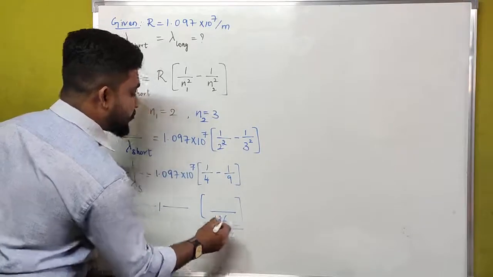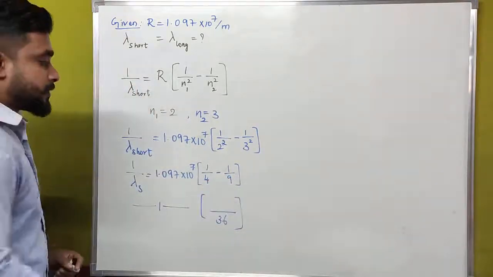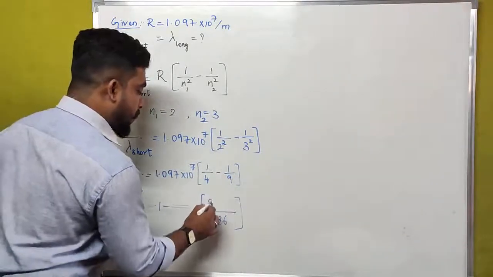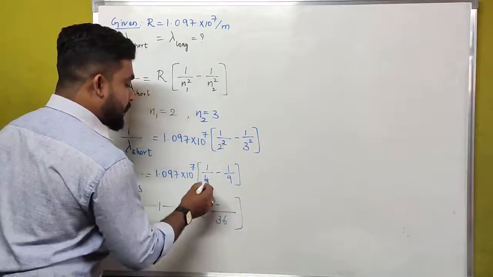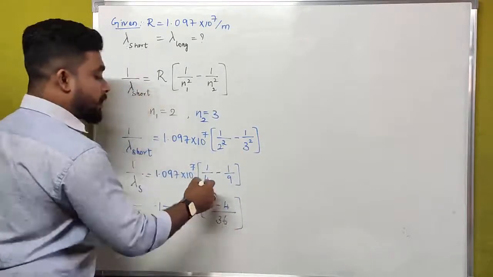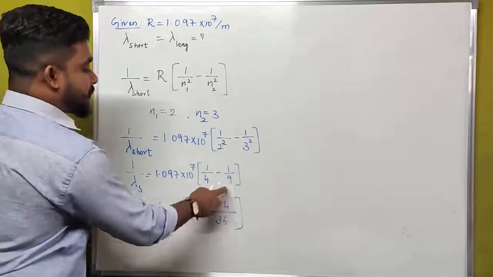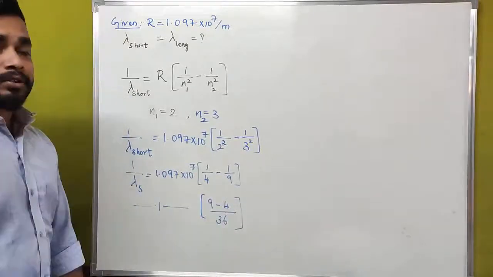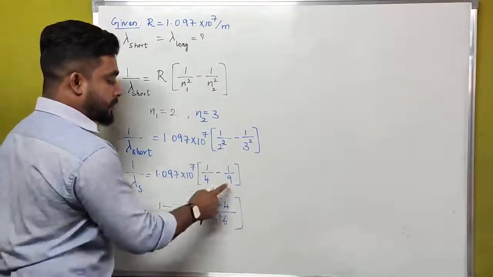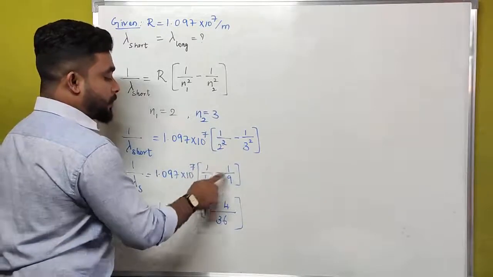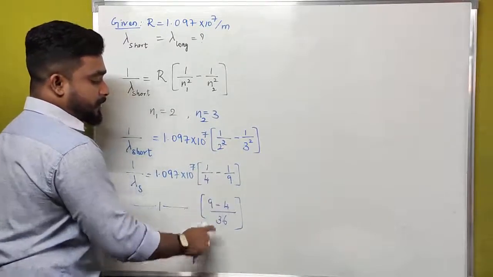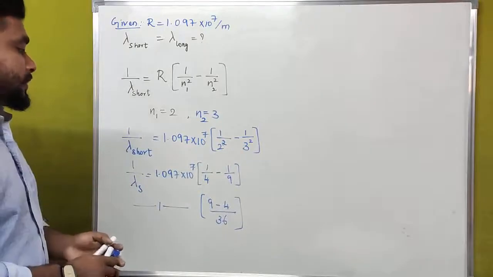The LCM of these two numbers is 36. 9 into 1 is equal to 9. Here we have minus sign. 4 into 1 is equal to 4. What we have done here is we have just taken the LCM concept. Here we have minus sign, so we have to write that as it is.